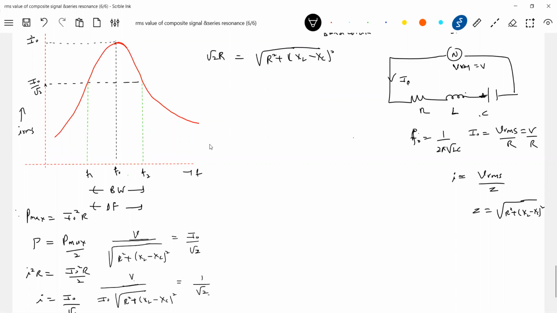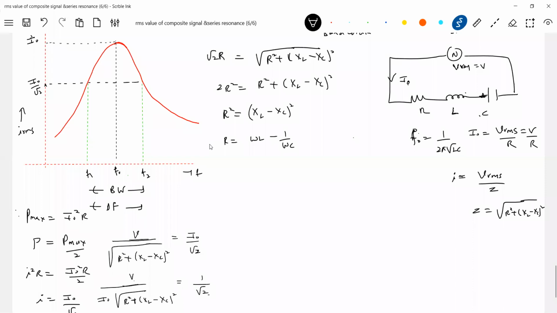Now the books have not given this in detail, that's why I'm just showing it. So this will become 2R square equal to R square plus (XL minus XC) whole square. So this will become R square is equal to (XL minus XC) whole square. XL is omega L and XC is 1 by omega C. Let's solve this.